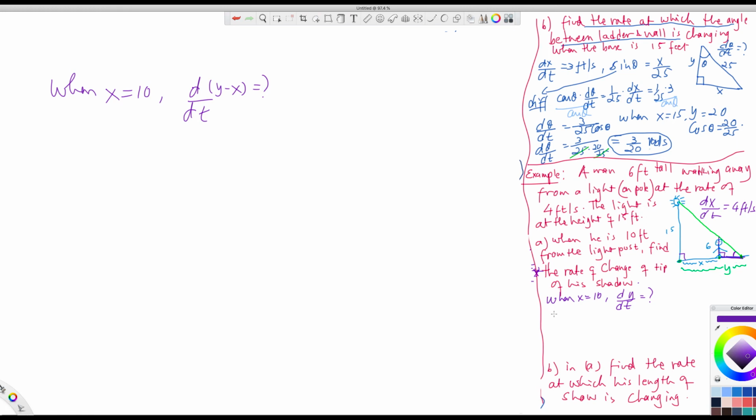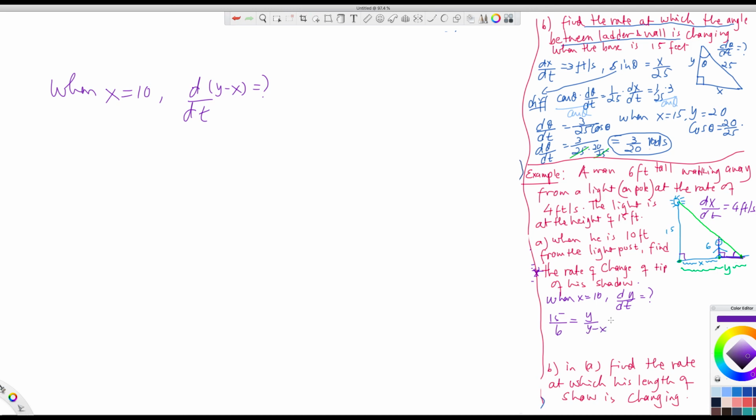Meaning you can write 15 over 6 equals the big height over the small height, which is y, over the big length over the length of the base, so it will be y over y minus x. This is what you get, right?